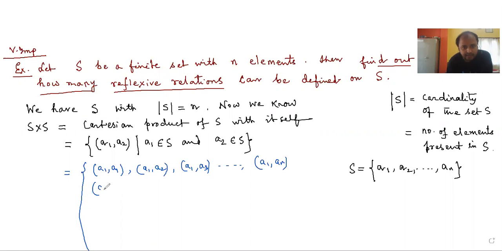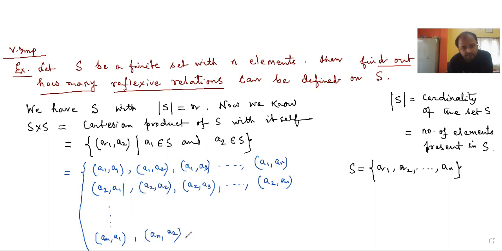Then we get (a2, a1), (a2, a2), (a2, a3), up to (a2, an), and in this manner lastly we get (an, a1), (an, a2), (an, a3), and (an, an).